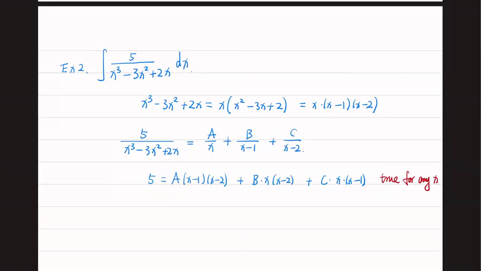The first special value is I'm going to pick that kills these two terms. If I set x to be 0, because it's true for any x, in particular, I can pick 0. If x is 0, this goes away, only this term left. Okay. So a different method in this special case.